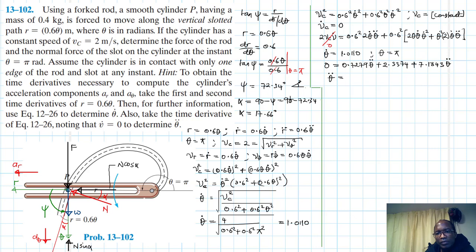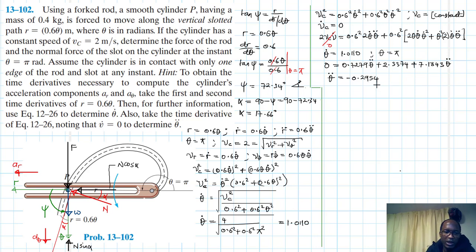Alright, so making theta double dot subject of the formula from this, this just becomes equal to 0.7279 plus 7.1843. Okay, and then we have 2.3374 divided by that, so this just gives us a minus 0.2954.